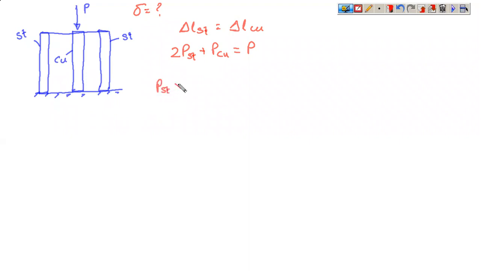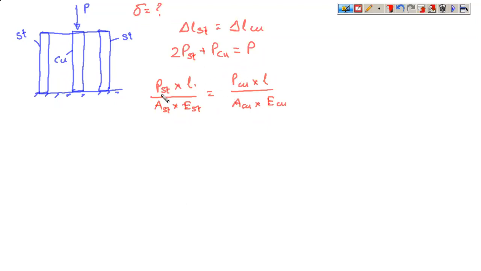P स्टील इंटू पी एल बाई ए, लेंथ ऑफ स्टील. सो लेंथ तो तीनों की बराबर है, डिवाइडेड बाई एरिया ऑफ स्टील मल्टीप्लाइड बाई ई ऑफ स्टील शुड बी इक्वल टू कॉपर. सो कॉपर कितना हो गया? P of copper multiplied by, obviously length is same, area of copper because they can have different diameters, and E of copper, E तो अलग होगा ही होगा.